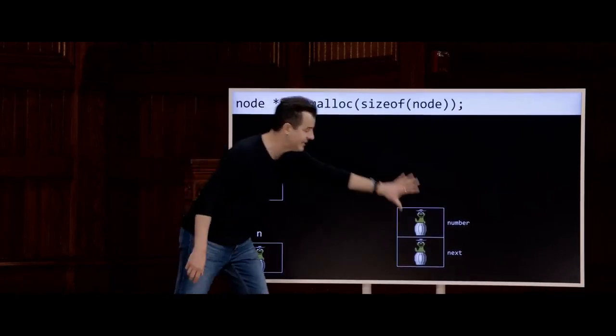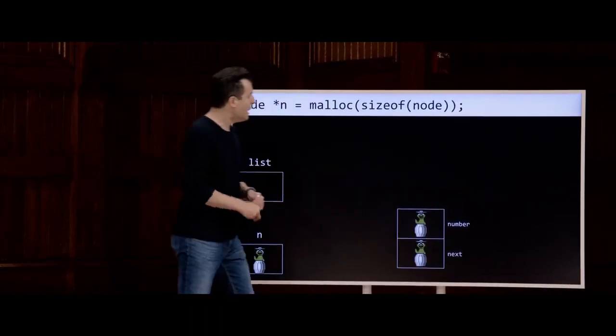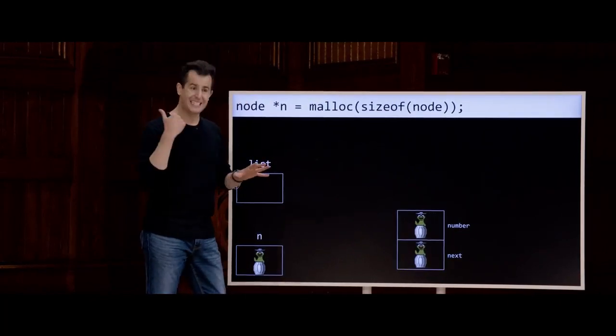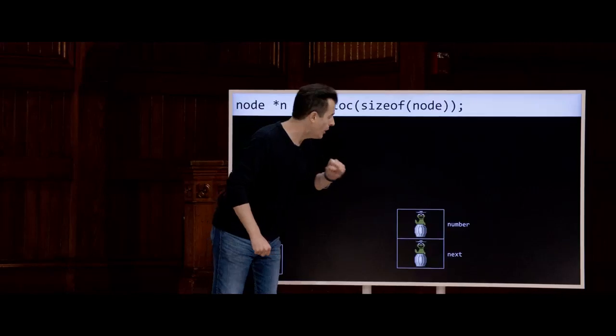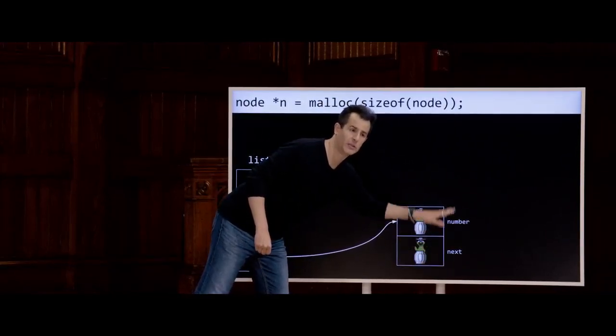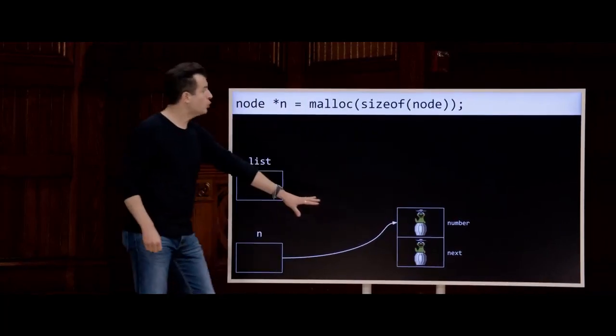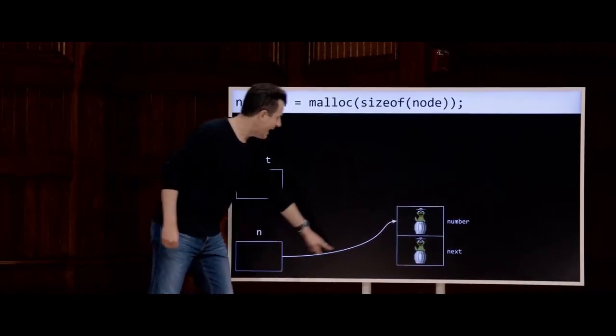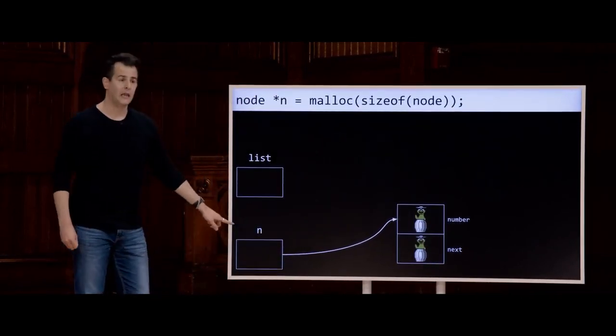It happened to be free here. This is where malloc put it for me. But it does have 2 garbage values initially. Because it's a node, per my typedef earlier, every node I proposed is going to have a number and a next pointer. So we can see those labeled here. But all I care about initially is that ultimately n is pointing at that chunk of memory.